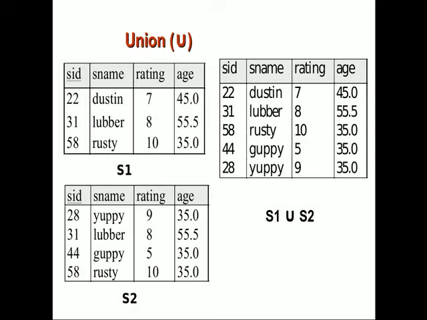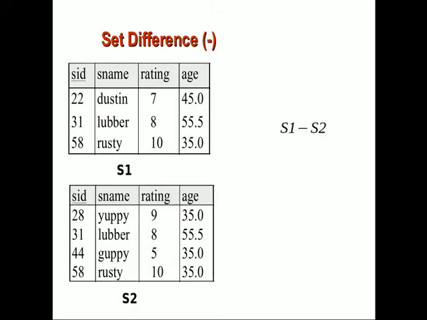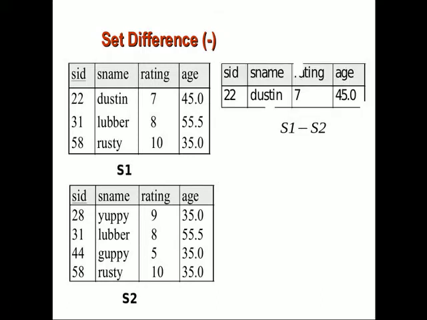So the only tuple in S1 that is not present in S2 is the first one, consisting of SID 22. In the same way, we can have S2 minus S1. This means that we retrieve all the tuples of S2 that are not present in S1. And in this case, the tuples with SID 28 and 44 are the only ones that are not present in S1.